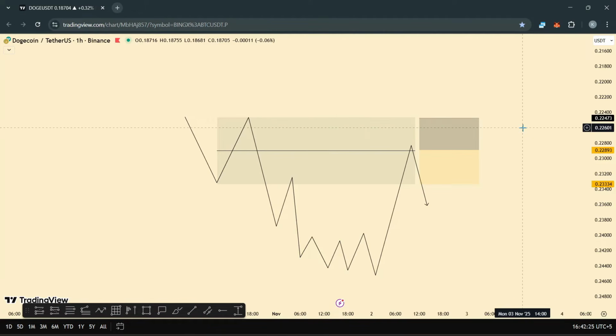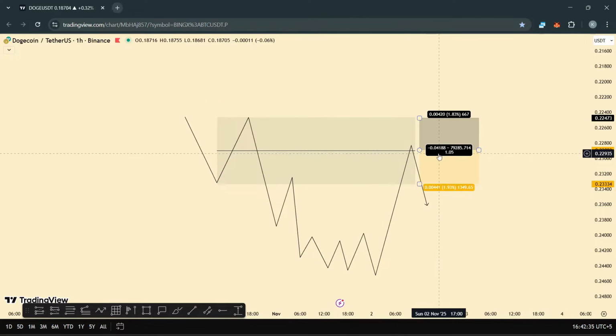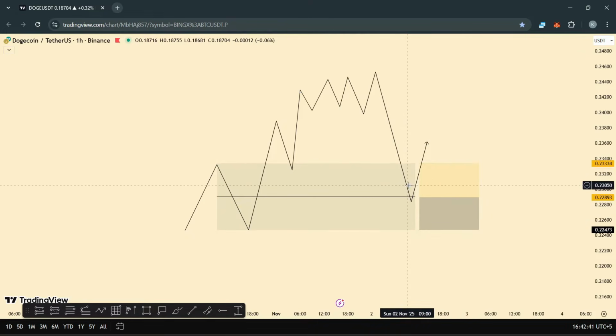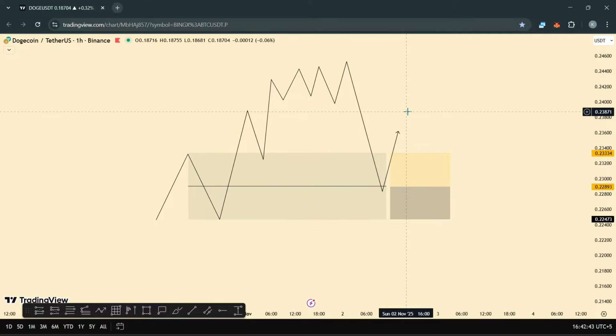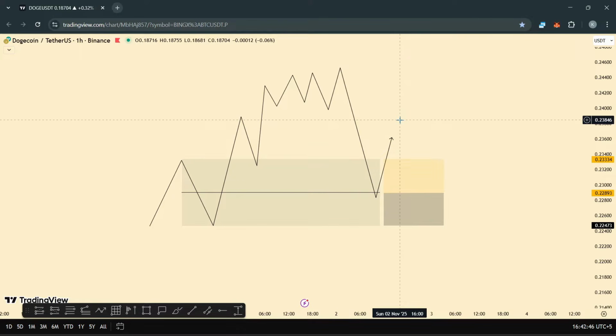However, I have talked about the fact that not all zones are equal, and not all zones will give you this schematic where you enter at the 50% and target the lows or the highs. Not all zones will work like this. So what the glitch itself is, the strategy that I trade, is one specific type of zone that almost always gives the reaction from the 50%.